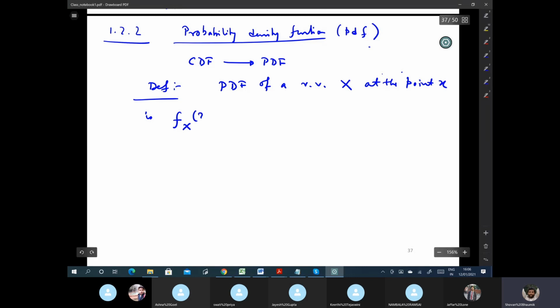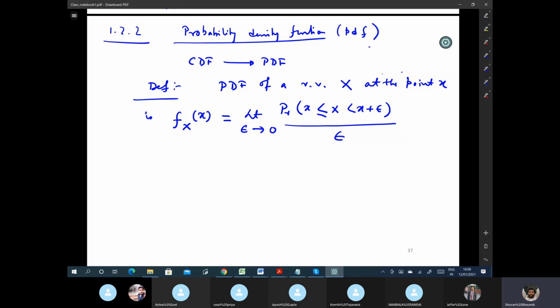This is a very standard thing. Fx will be equal to limit epsilon tends to 0 of the probability of capital X in between small x and x plus epsilon, divided by epsilon. What does it mean? It means just the derivative. So we take the probability in between x and x plus epsilon, divide by epsilon, and take the limit epsilon tends to 0.